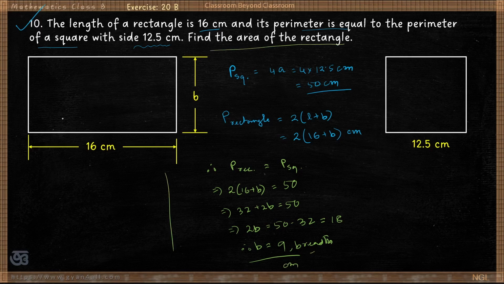So now area of the rectangle, area is equal to L multiplied by B. So L is equal to 16 centimeter, and breadth is 9 centimeter, just we have found out. So 16 into 9, it becomes 144 centimeter square. So this is the area of the rectangle.